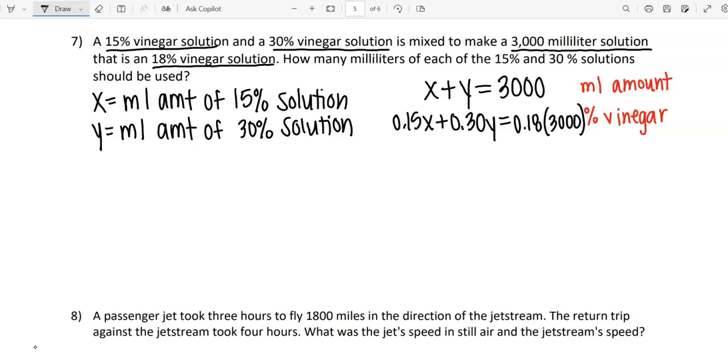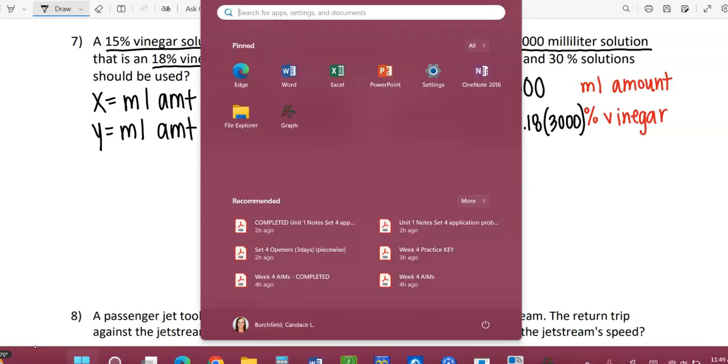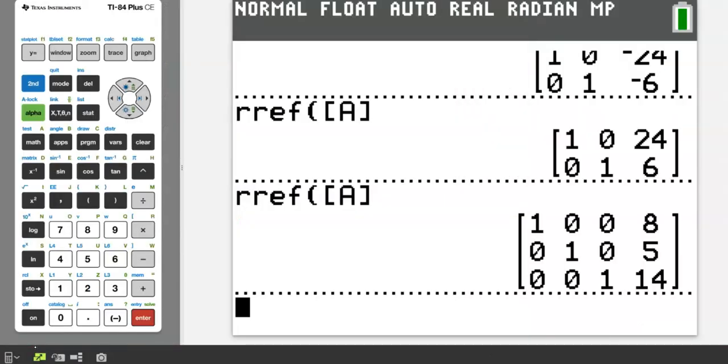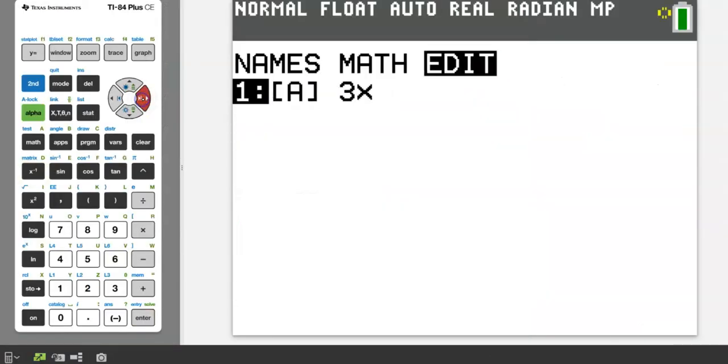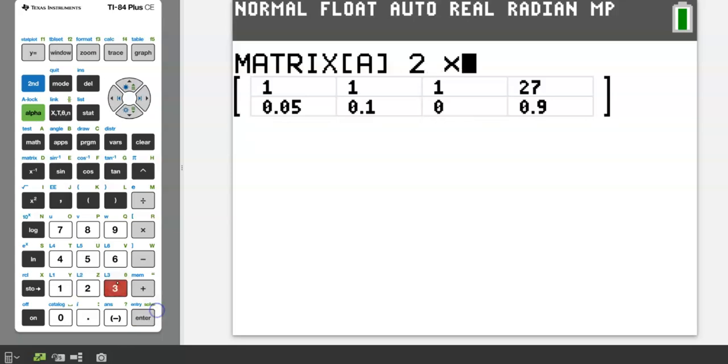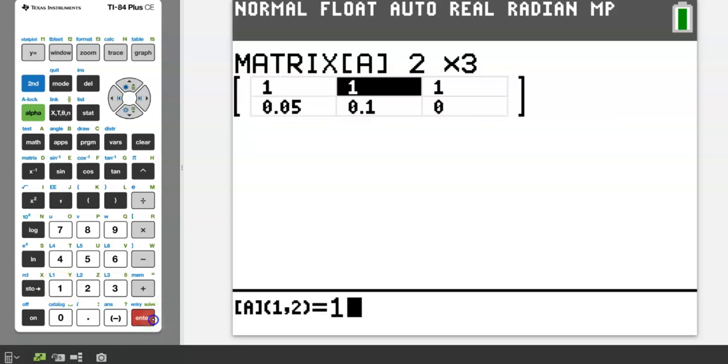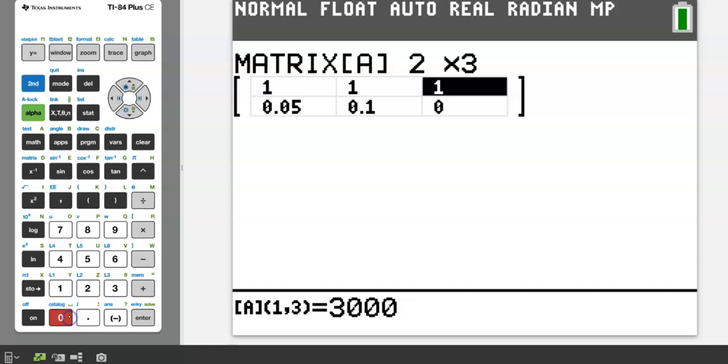Now when I have 18% times 3,000, I'm going to teach you a little trick here. And be careful with it. Watch this. Don't do it just yet. But if I were to put my matrix in for this, second matrix, just watch, don't do it yet. 2 by 3, 1, 1, 3,000. Is that right?